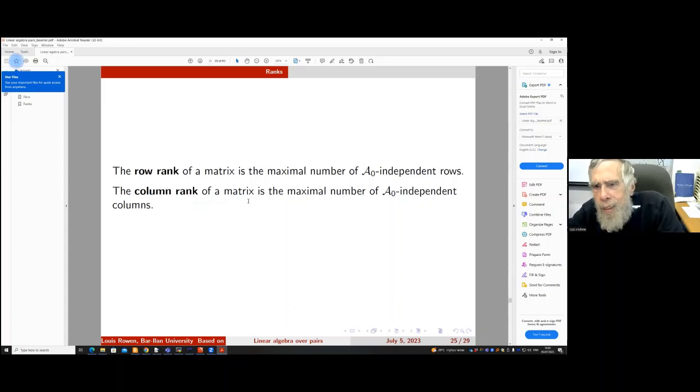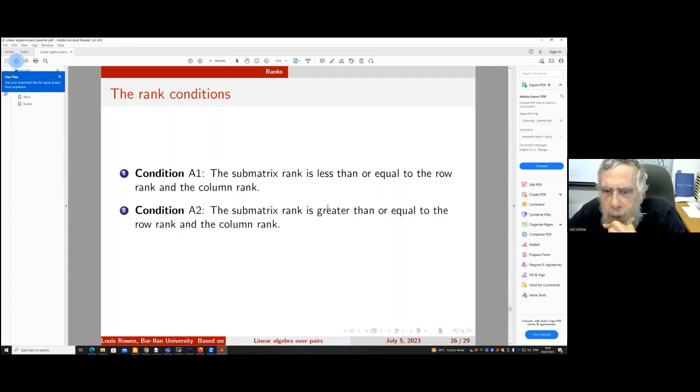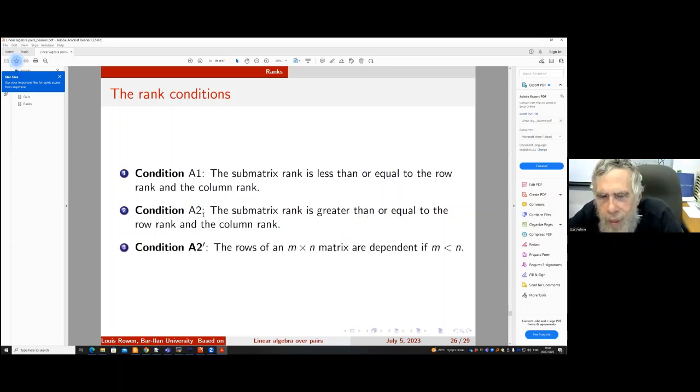The column rank is the maximum number of independent columns. And so this leads us to the question, how do you compare these different ranks? There are three conditions. One is that the submatrix rank is less than or equal to the row rank. Second is that the submatrix rank is greater than or equal to the row rank. And there's a special case of this condition.